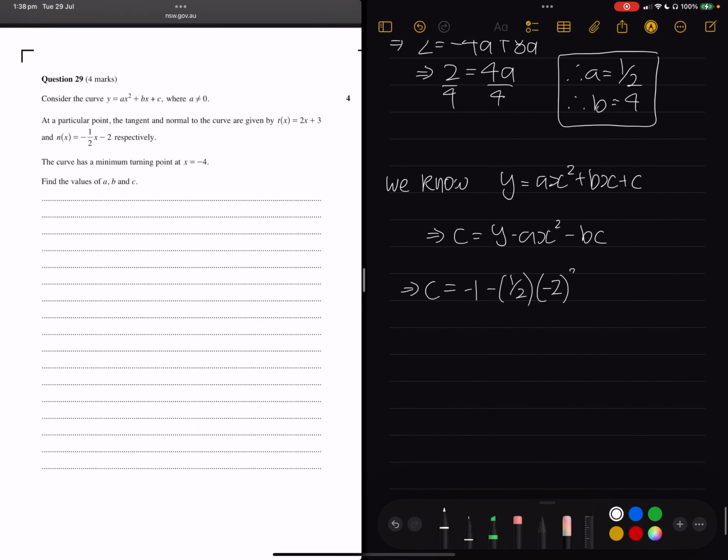So this is -2 squared, minus b, which is 4 times, now this is not a c, this is an x, b times x, this is -2. So c is going to be -1, -2 squared is 4, minus 1/2 times 4 is -2. 4 times -2 is -8, minus -8 is +8. So we get 8 minus 3. So this gives us c is equal to 5. So therefore a is equal to 1/2, b is equal to 4, and c is equal to 5.